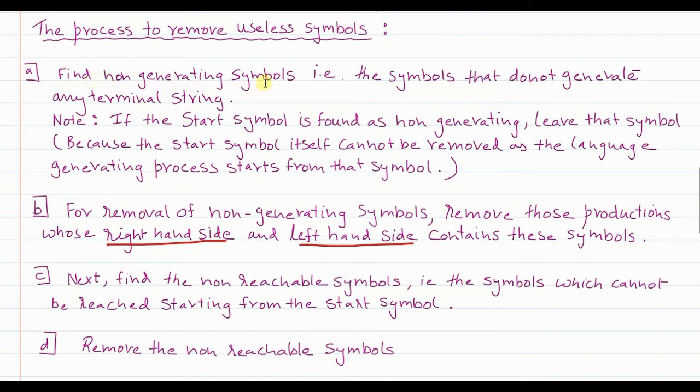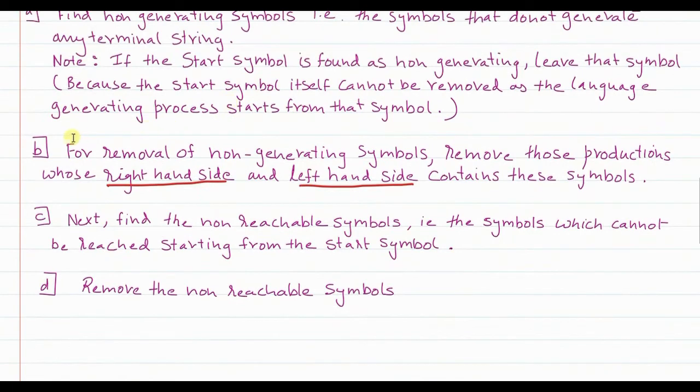After finding the non-generating symbols, the second step is removal of non-generating symbols. Now how to remove? In the set of productions that you have, remove all those productions whose right hand side or left hand side contains these symbols. So if there is a production where on its right hand side there is a term in which this non-generating symbol is there, you have to remove that term.